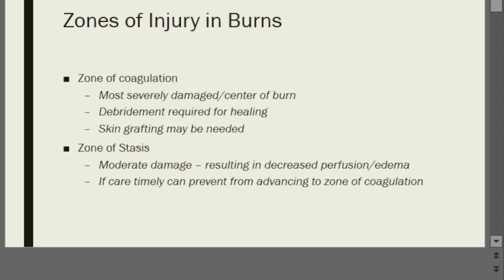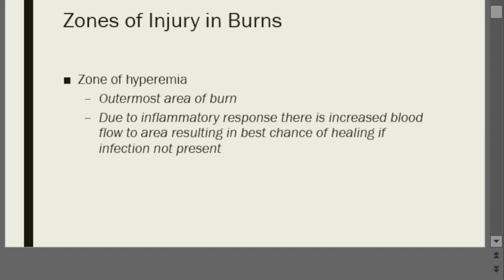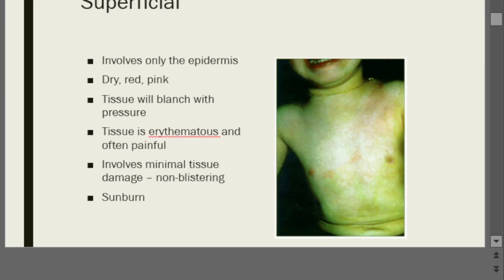So we need to make sure that we are able to perfuse that area so we can have some spontaneous healing. Then we have our zone of hyperemia. This is the outermost area of the burn, and because of the inflammatory response, there's increased blood flow to the area, and that results in the best chance of healing if an infection is not present. If an infection is present, then boy, all bets are off.